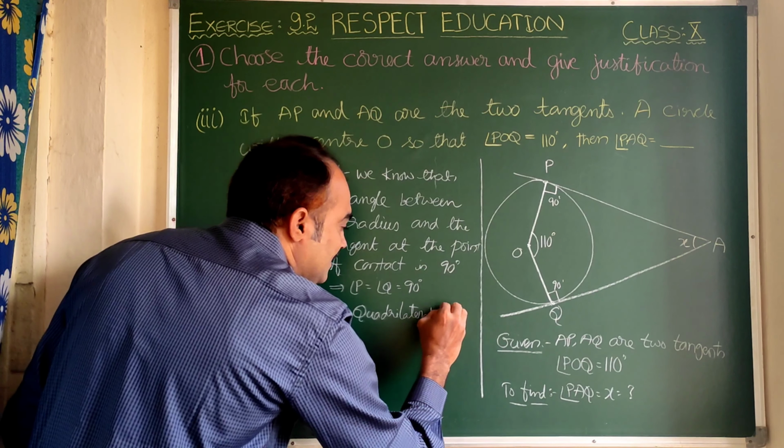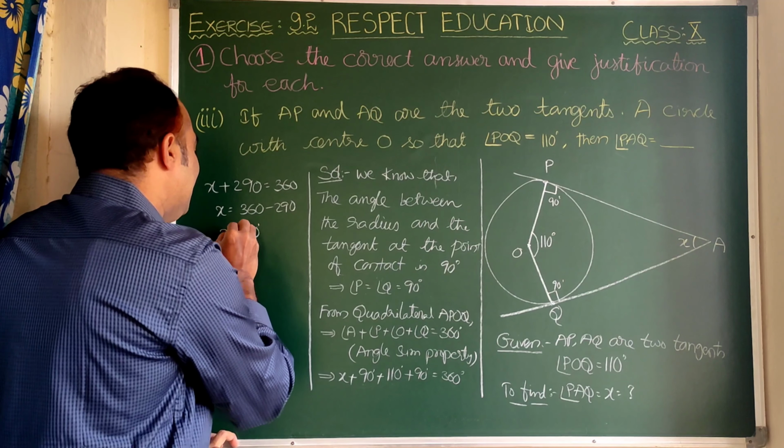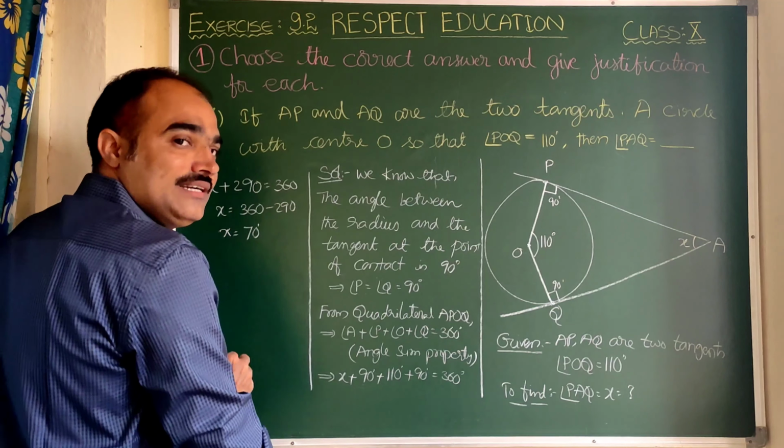On simplifying this, 90 plus 110 is 200. 200 plus 90 is 290. So here we can write x plus 290 is equal to 360. Now as we need x, let us send 290 that side, that is 360 minus 290. On subtraction we get 70 degrees. X is 70 degrees.